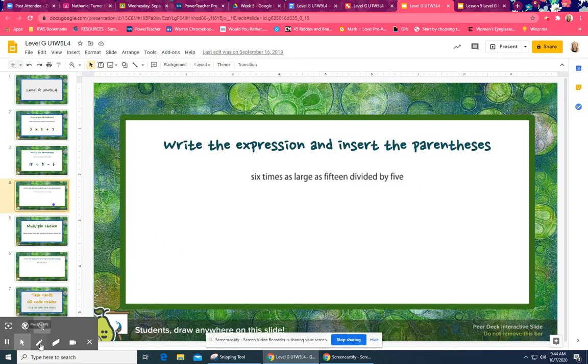Another one. This one asks us to write 6 times as large as 15 divided by 5. So we've got multiplication. This one does not have the word "of," so we're going to have to really think. But it says 6 times as large as 15 divided by 5.